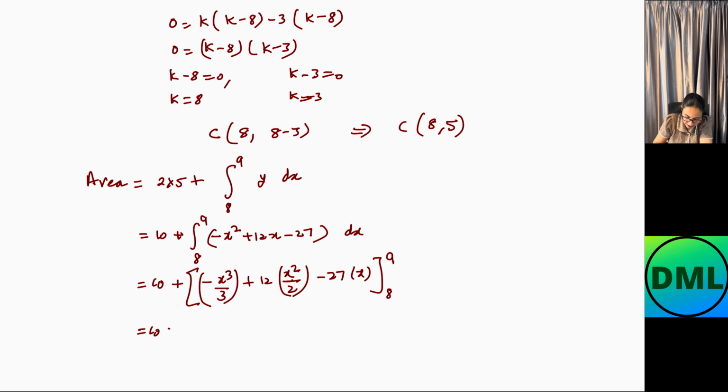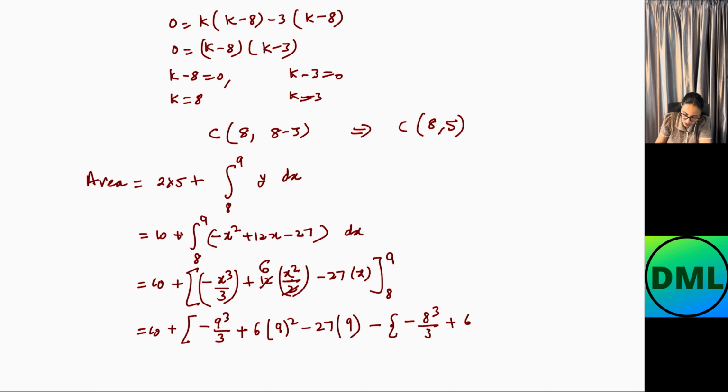This will be written as 10 plus, if I substitute 9 here first, minus 9 cube over 3 plus, here 2 got cancelled with 12 and it will be 6x square, 9 square, minus 27 into 9, minus, I need to substitute 8. Let's substitute 8 here. Minus 8 cube by 3 plus 6 times 8 square minus 27 into 8.